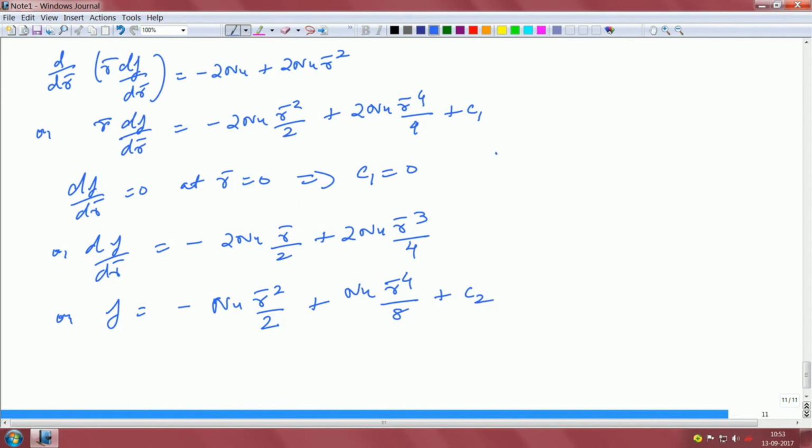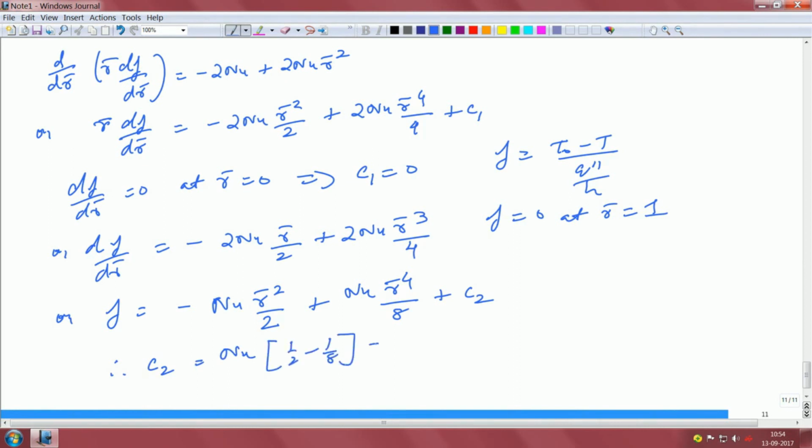Now F, as we know, is T naught minus T divided by q double prime by h, and h of course we know. So F will be equal to 0 at r bar equal to 1, because it will be the wall at that particular point. Therefore C2 will be equal to half minus 1 by 8, which is Nusselt number 3 by 8.